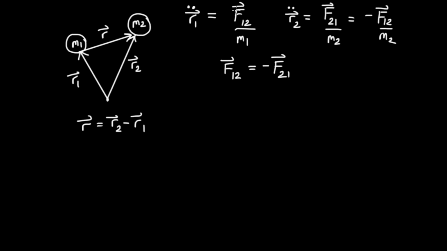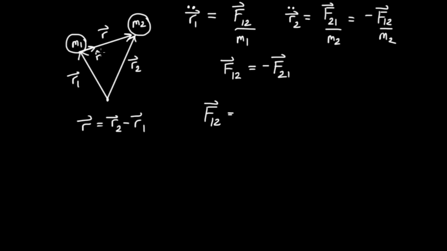Now what I'm going to do is write down what F12 is. So F12, this is a vector quantity. So I'm going to have to tell you what the magnitude is, I'm going to have to tell you what the direction is. Now F12 is given by the Universal Gravitational Law, and the direction for the force of gravity is going to be in the line joining the two masses. So I'm going to define a unit vector, a vector of length 1, in the same direction as r.